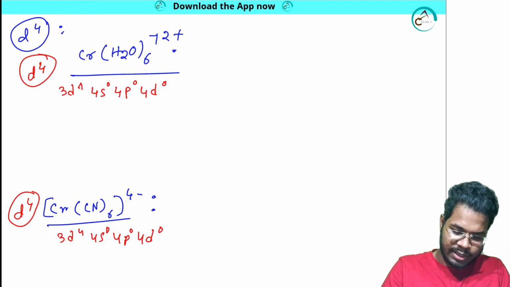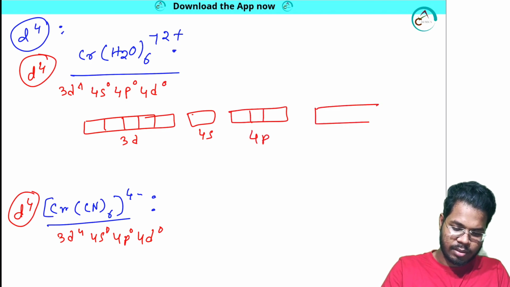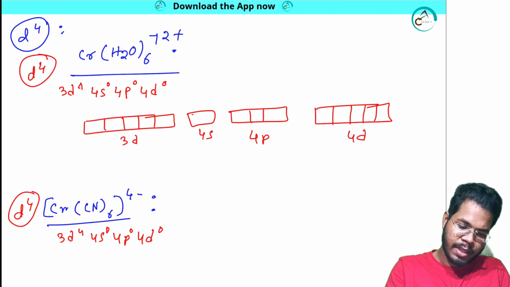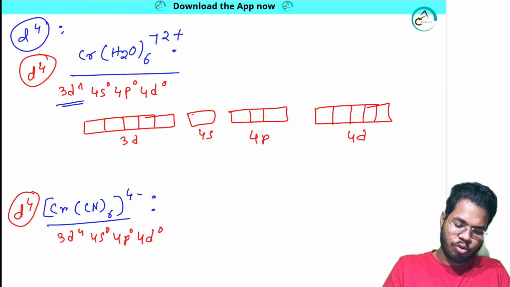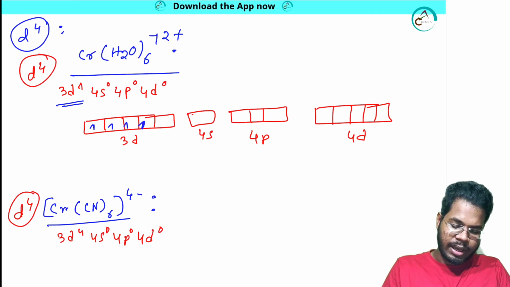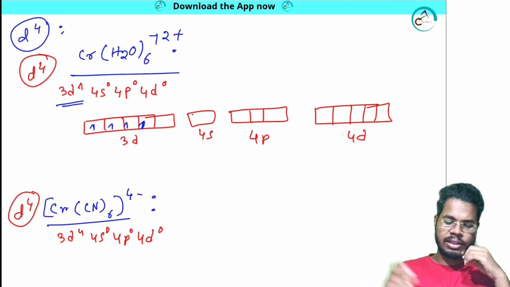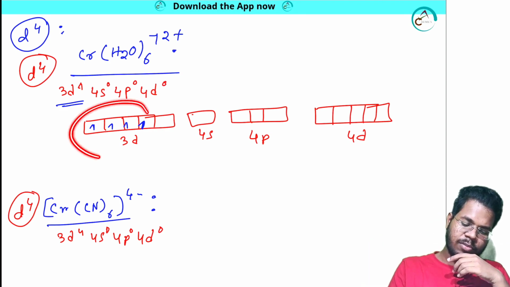If I draw the system like this: 3d, 4s, 4p, 4d. Let me put the electrons. How many electrons? Four electrons, one, two, three, four, organized according to Hund's rule. Here the question arises. I have put the four electrons of the metal. Whose electrons are these? These electrons belong to the metal.